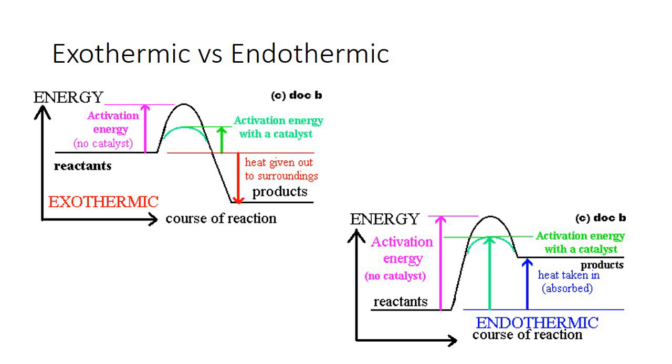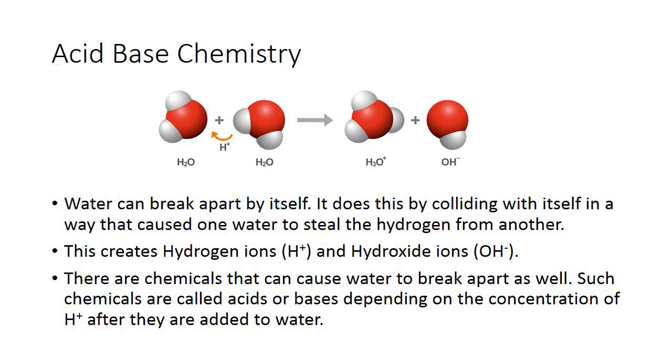So let's talk about acid-base chemistry briefly here. Water can break apart. It just happens. Basically, one water molecule will collide with another molecule, and it will lose a hydrogen to the one water molecule if it hits just right, and you'll end up creating hydrogen ions and hydroxide ions.